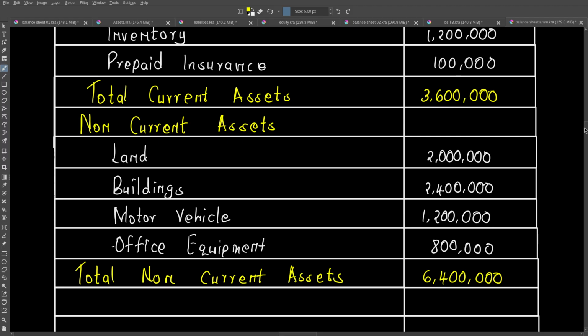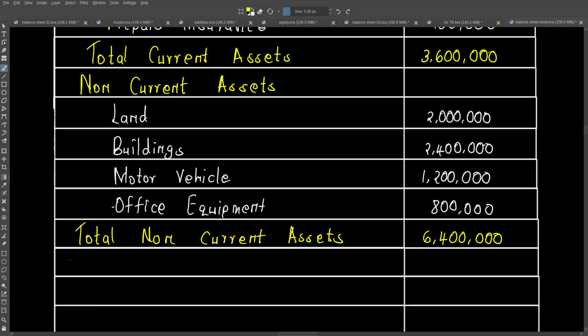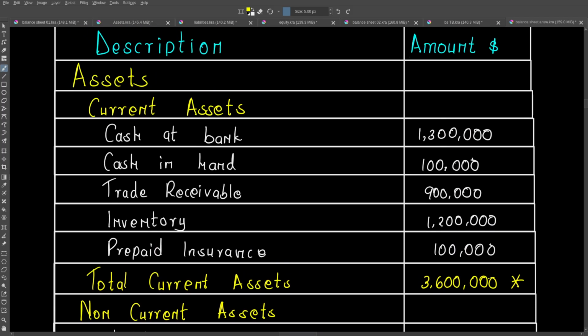So what is our total assets? Our total assets is basically the total current assets plus the total non-current assets, which is 3.6 million plus 6.4 million, which is 10 million. Okay, so that concludes the first part, which is assets.